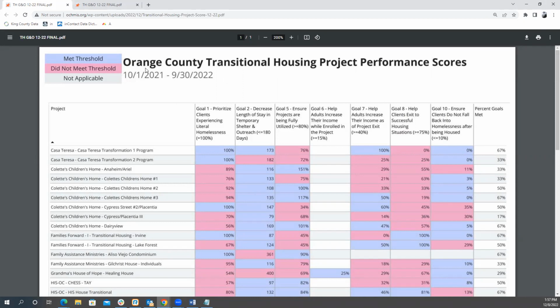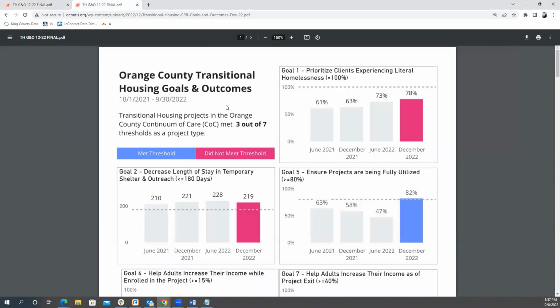As usual, we have the project scores page, which lists all of our transitional housing projects and how they performed on each of our performance measures. If you haven't already, please check that out. For our meeting, we will be focusing on the goals and outcomes report, which looks at transitional housing project performance as a whole.